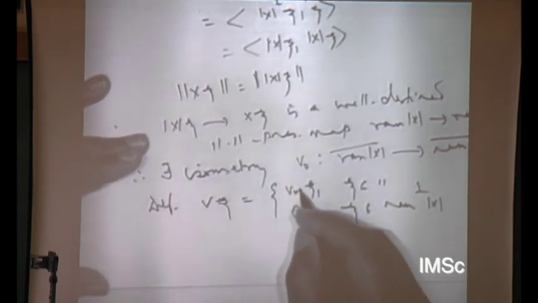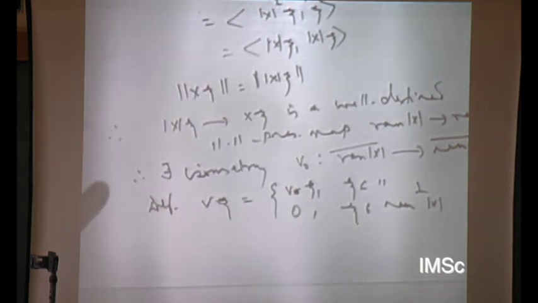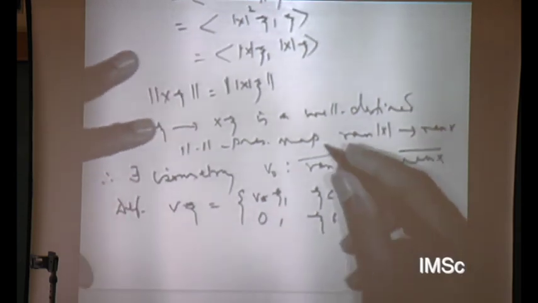So then by definition, this V is a mapping which is 0 on, if I call this space M, M perp.